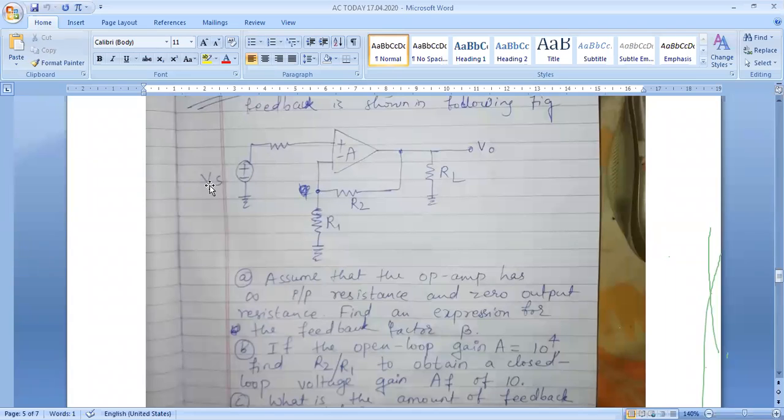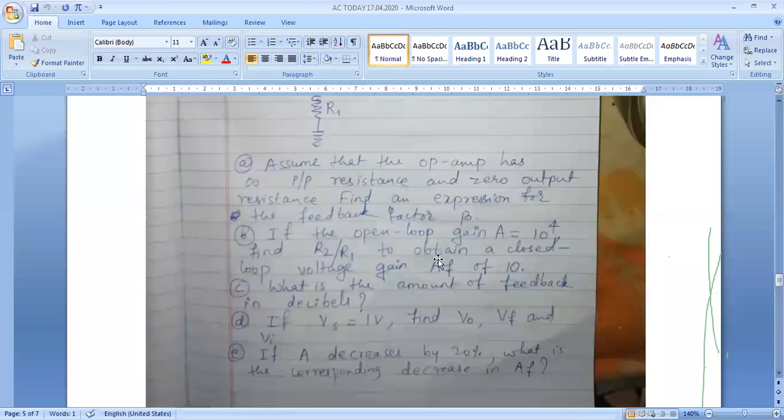This is the source voltage Vs, V0 is the output voltage, and RL is the load resistor. First part: assume that the op-amp has infinite input resistance and zero output resistance. Find an expression for the feedback factor beta. So this is the first one.